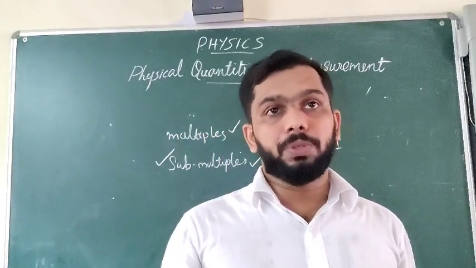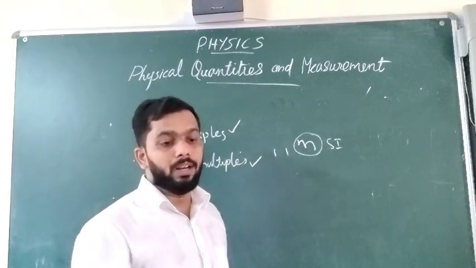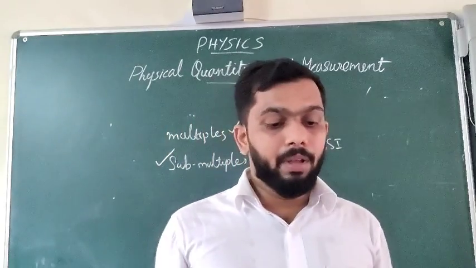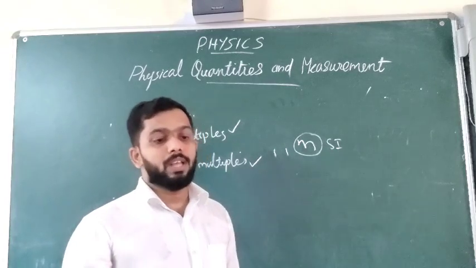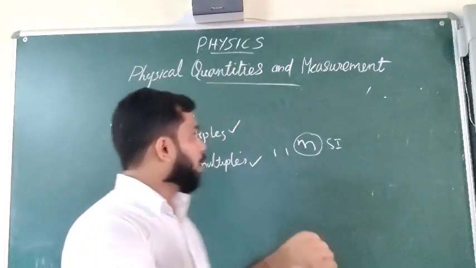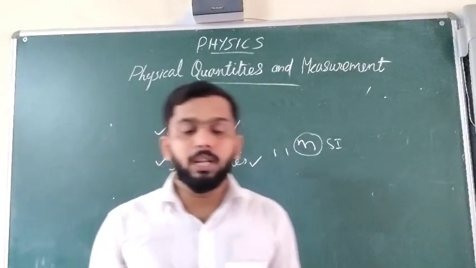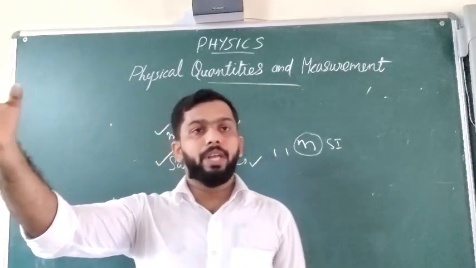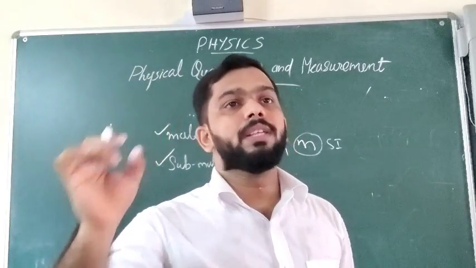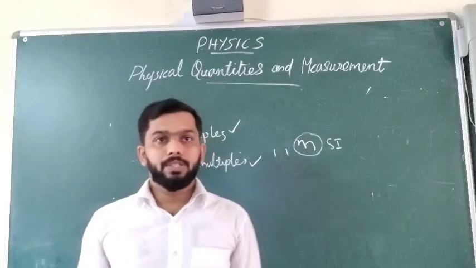But the last one we will use, multiples of 1000: meter becomes kilometer, gram becomes kilogram, and liter becomes kiloliter. So these are the multiples of the SI unit. Multiple is the higher unit of the SI unit, whereas submultiple is the lower unit of the SI unit.